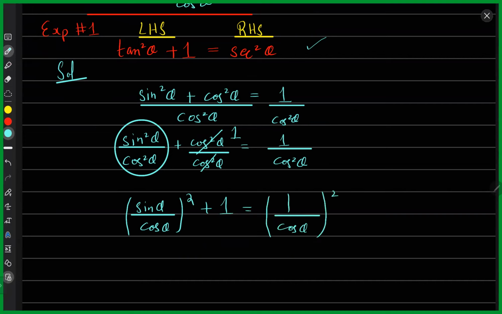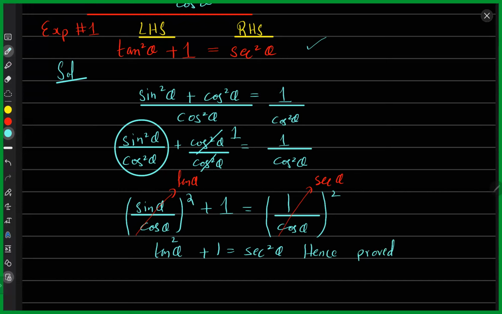Now I certainly know that sine by cos is tan theta and 1 by cos is secant theta. So I can write it as tan square theta plus 1 is equal to secant square theta. Hence, we have proved this identity.